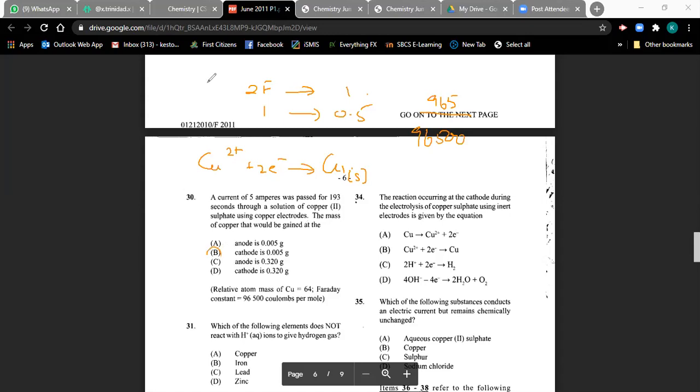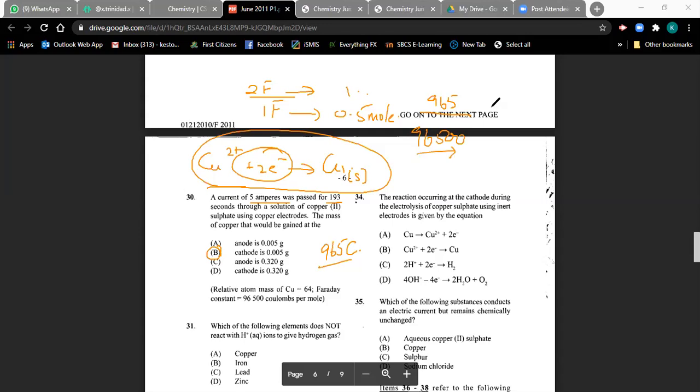Right? You have to use this equation here to figure out how many Faradays produce 1 mole of copper. Because it's 2 moles of electrons, 2 Faradays produces 1 mole of copper. So 1 Faraday will produce 0.5 moles of copper. Right? You need to now look at how much charge is actually passing through this circuit. 5 amps by 193 gives me 965, sorry, 965 coulombs, and I divide by 96,500 to convert that to Faradays.